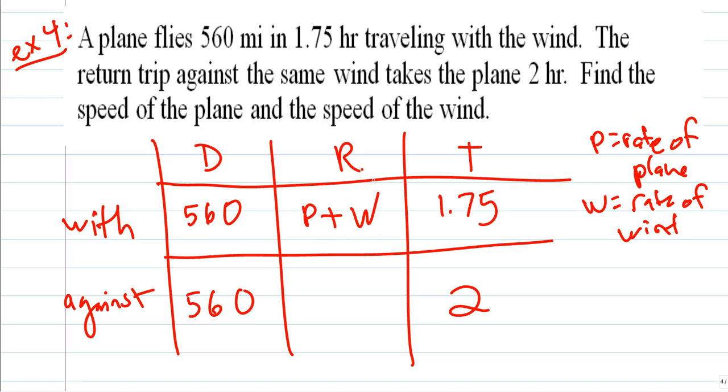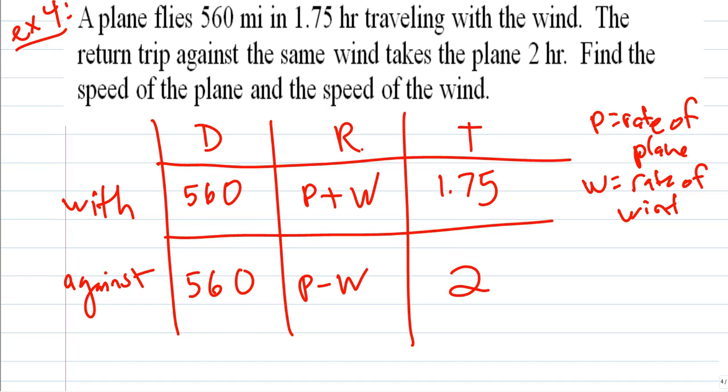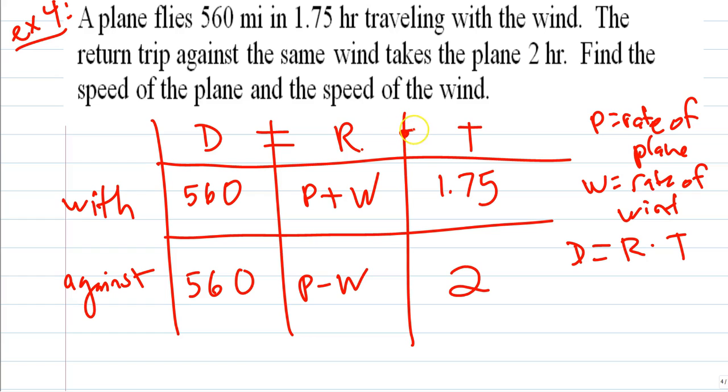I'm going to be going faster with the wind. If I'm going against the wind, I'm going to have the speed of the plane, but I'm going to take away the force of the wind. It's basically going to make me slower. And then the last thing we need to be able to do is relate these three things. Our function for this is D equals R times T. Distance equals rate times time.